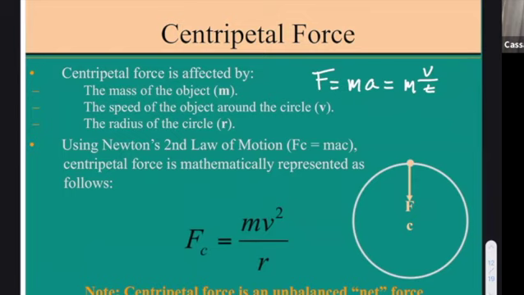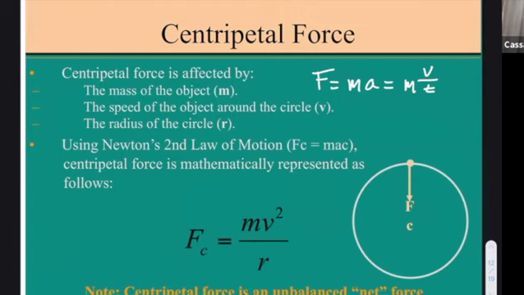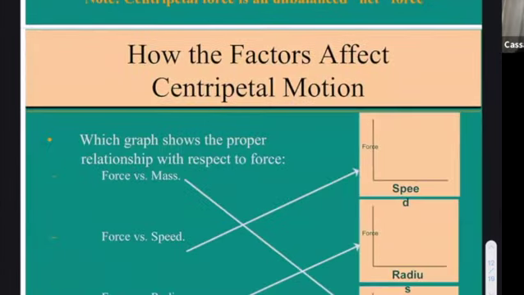All right. This equation should be given to you. You will never have to derive it or memorize it. The notes before were just how we got here. Velocity squared comes from our acceleration.